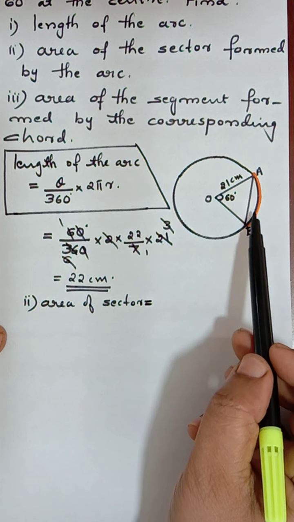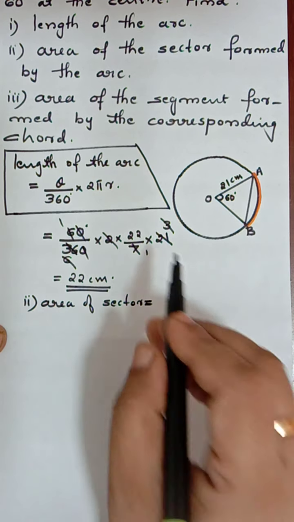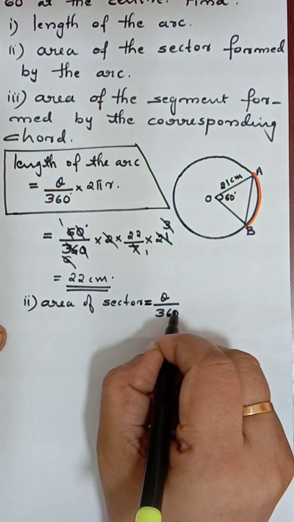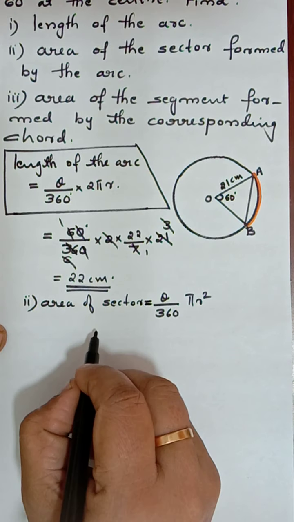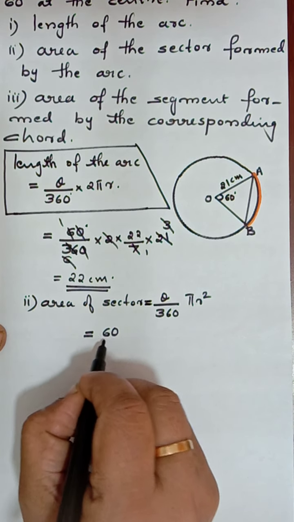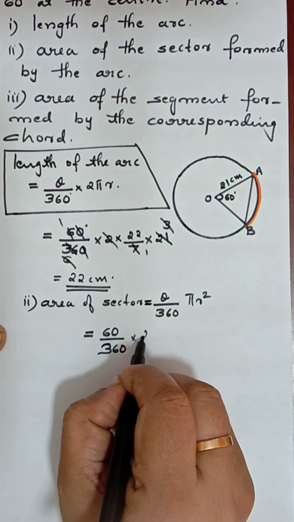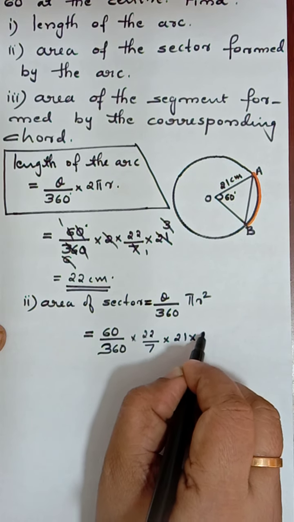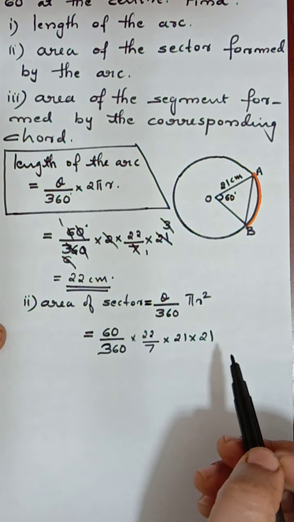So area sector formed by the arc. Arc means AB arc, that is a minor arc. Area sector is theta by 360 into pi r square. We have to substitute, that's equal to 60 by 360 into 22 by 7 into 21 into 21. Always be careful, r square. So 2 times you have to write.